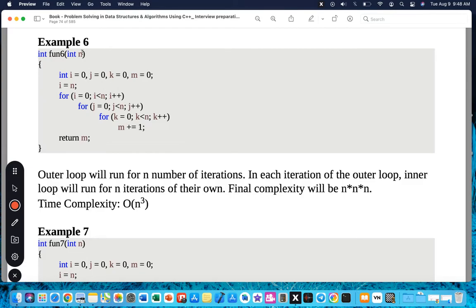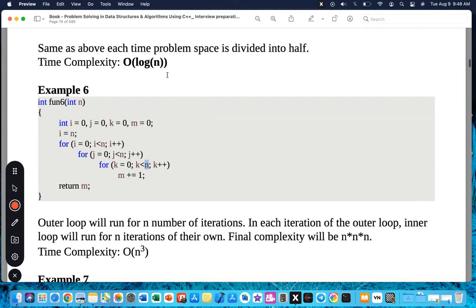So now we have the passed argument, then we have i and j and k, and we have a loop for i comparing with n, and then we have the loop for j comparing with n, then we have a third loop for k also comparing to n. All right. So we have 3 loops.